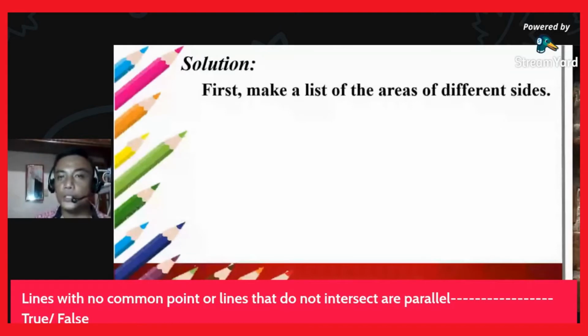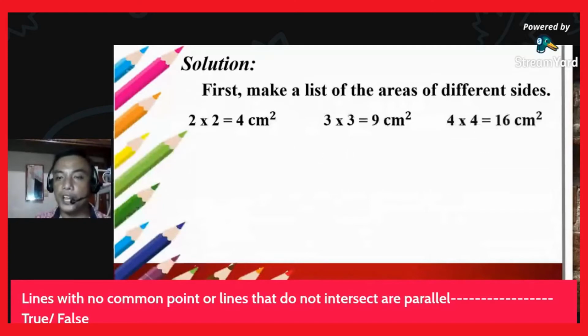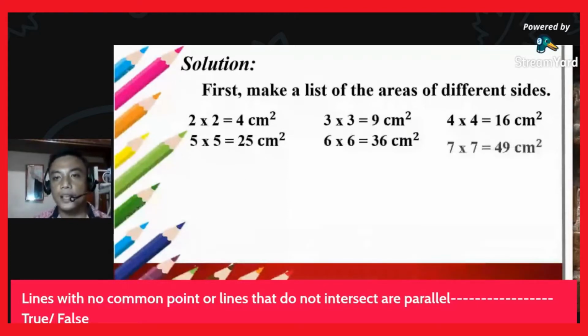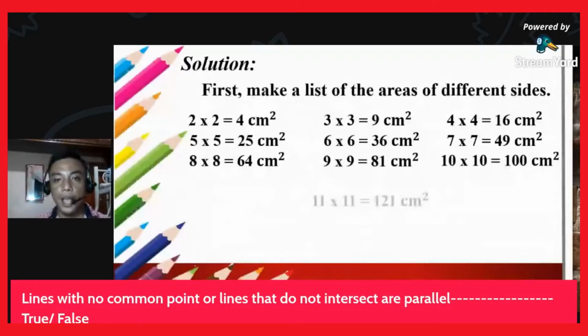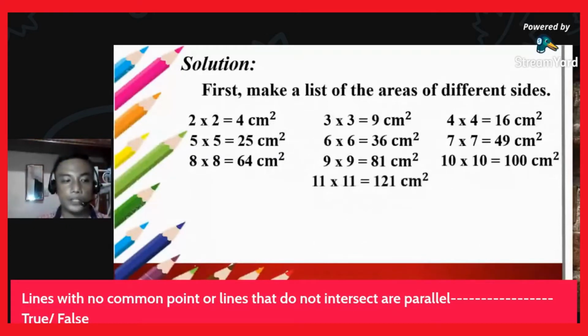That is, 2 times 2 is equal to 4. 3 times 3 is equal to 9. 4 times 4 is equal to 16. 5 times 5 is equal to 25. 6 times 6 is equal to 36. 7 times 7 is equal to 49. 8 times 8 is equal to 64. 9 times 9 is equal to 81. 10 times 10 is equal to 100. And 11 times 11 is equal to 121.